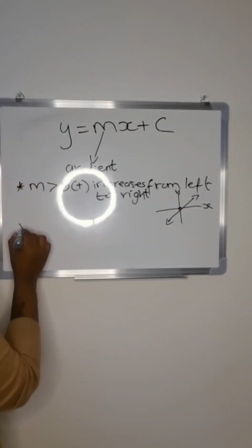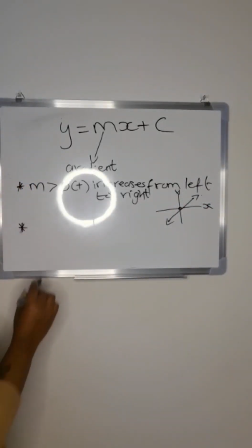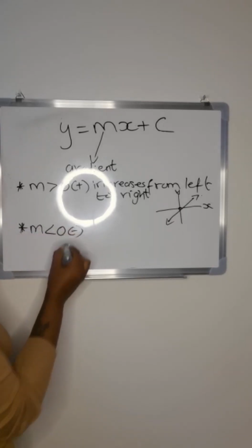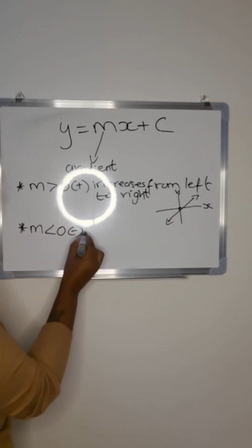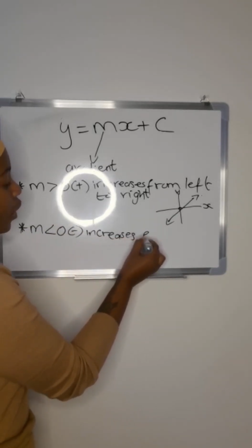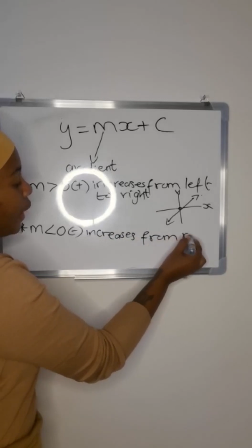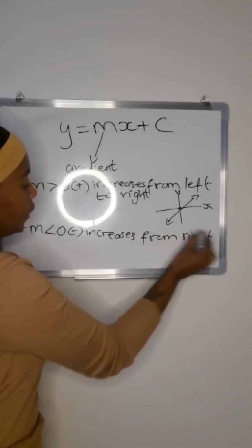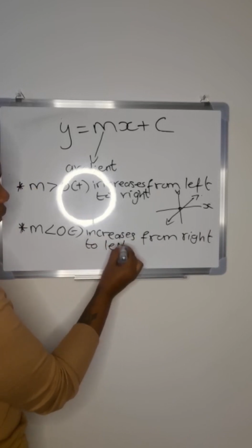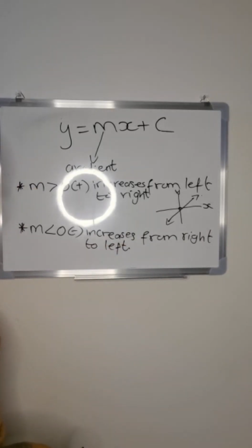Now, when m is less than 0, that is when m is negative, the graph will increase from right to left.